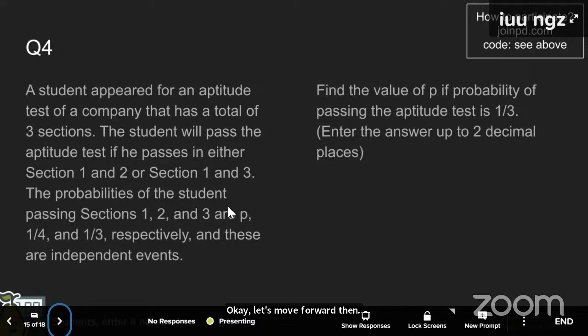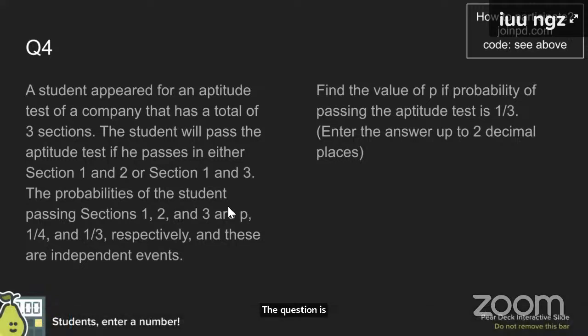The question says, in a test where you have 3 sections, any student can pass the test if he passes either section 1 and 2 or section 1 and 3. So that is the criteria.